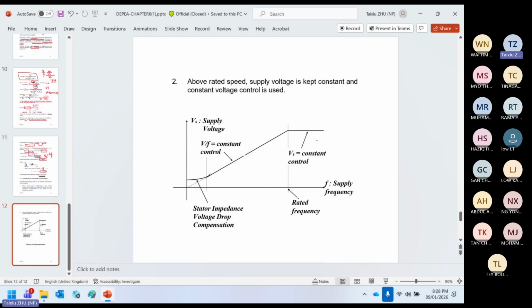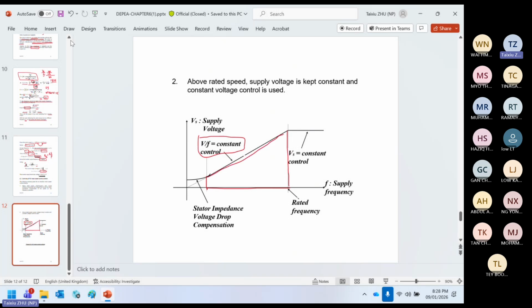So the real case, here's the motor. Can I really use the constant V over F control throughout the range of the speed? The answer is no. From here, this region, yes, you can do the V over F constant. Basically, it's the linear part.